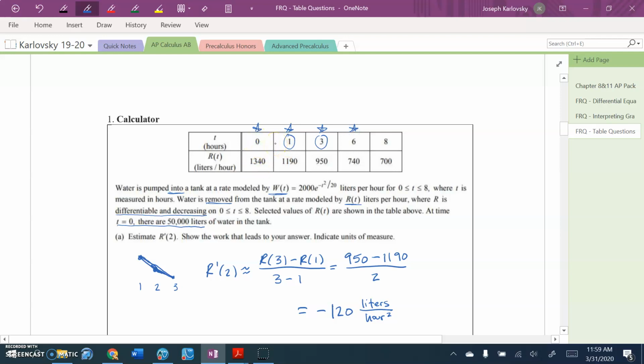Of course, the left Riemann sum is rectangles. We need to know the width of each rectangle. You can tell they are not all the same width.